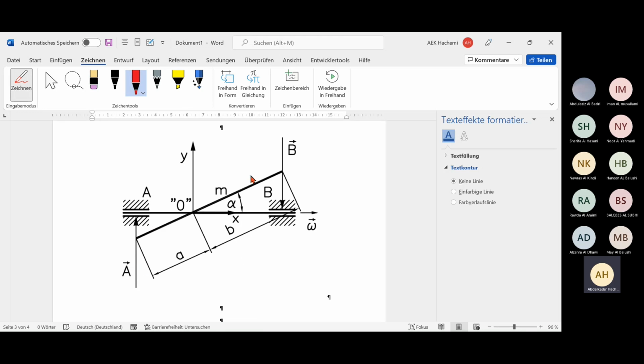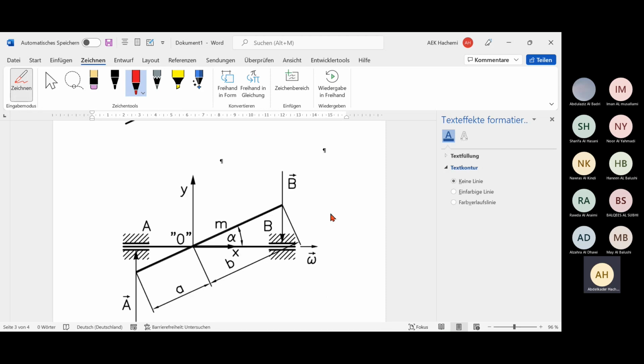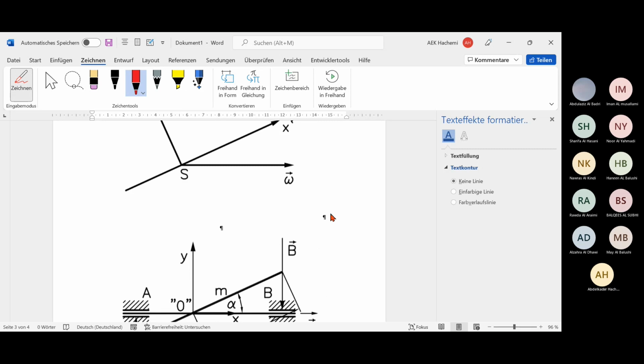In this case, if we do so, omega, if we have to handle it, we have to project omega along x prime, and we project omega along y prime. Why? Because in the definition of the angular momentum at the centroid, or let's say at the center of mass, what we have is multiplied by omega.